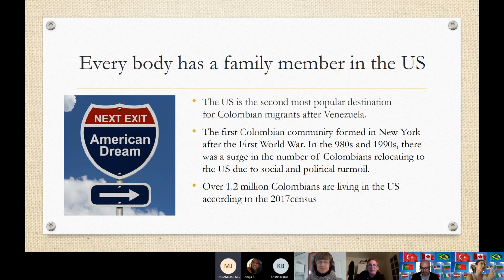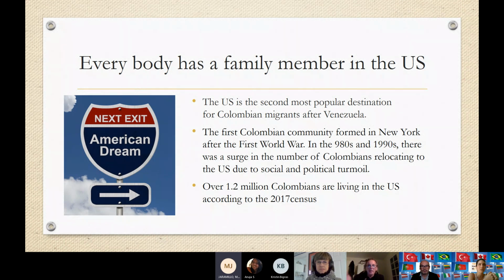So the first Colombian community that arrived in the US was formed in New York after the First War. And it was mainly a student community. Oh, there is a typo here, but what I want to say is in the 80s and 90s, there was a surge in the number of Colombians relocating to the US due to the well-known social and political turmoil of our country.